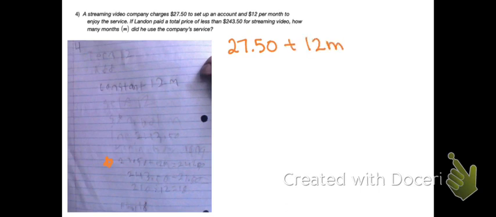So you multiplied 12 times M, which is good. And you said equals $243.50. But they don't want to know how many months until their total price is $243.50. They want to know how much this has to be so that their total price is less than $243.50. So you want to put the less than symbol here.